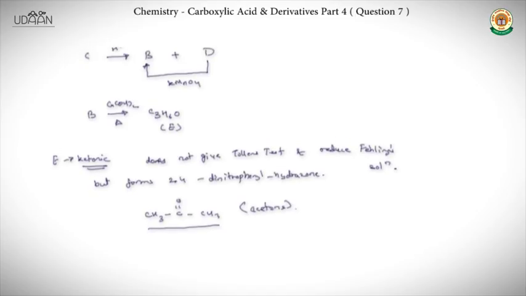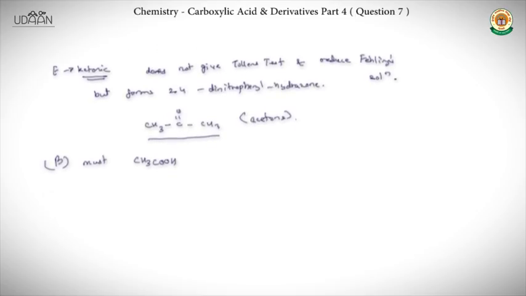Then we know that as E is obtained by heating B with calcium hydroxide, the compound B must be CH3COOH, which is acetic acid.